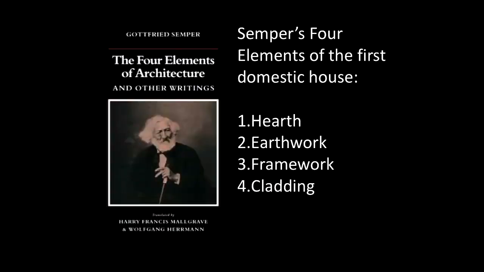architecture was. So, just to go over Semper's four elements of the first domestic house, his Caribbean hut: the hearth, earthwork, framework, and cladding. And so what we're going to look at today deals with some of these issues, especially earthwork, framework, and cladding.